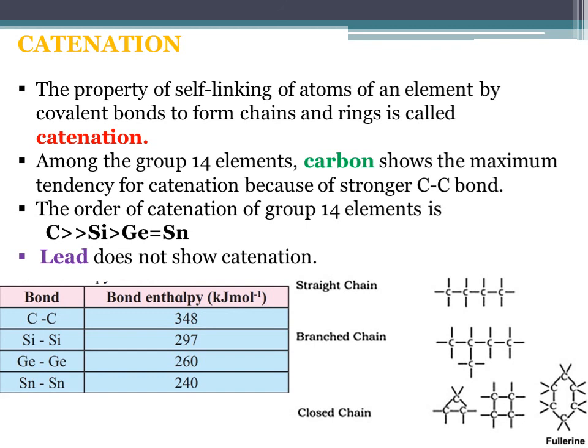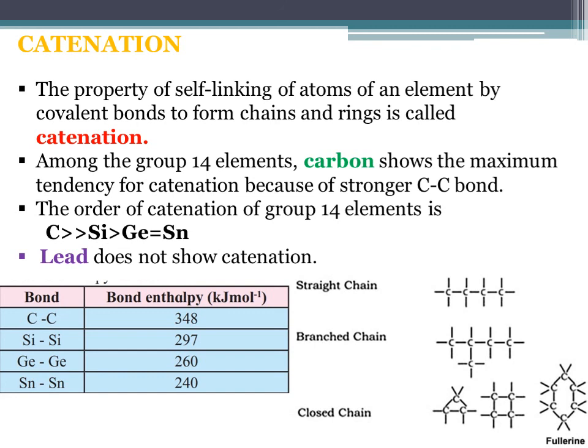Now this is because, my dear students, we know that down the group the elements become heavier and their metallic character increases. Their atomic size increases, and that is why the metal-metal bond strength decreases, and that is why the tendency to show catenation also decreases.